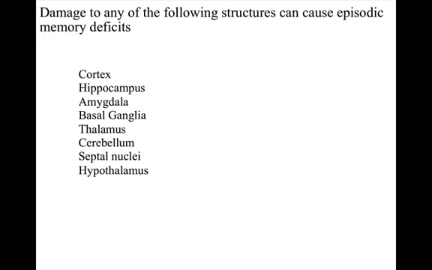Damage to an even wider range of anatomical structures results in episodic memory deficits, presumably demonstrating that there's activity in those extra structures as well, but it's not detectable by current techniques. So we're aiming to understand what exactly it is that all these structures contribute in different ways to cognitive processes like episodic memory.